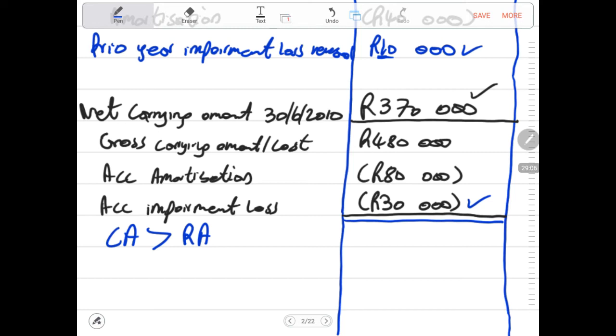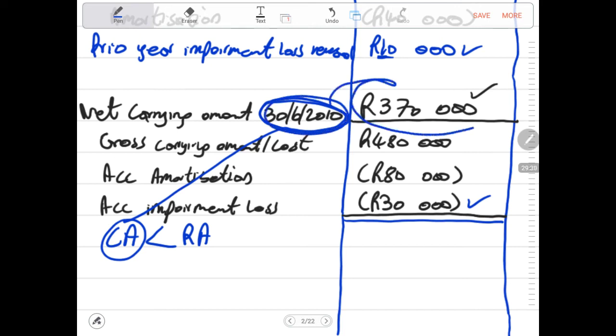That means it is very likely that at the end of June, it is not greater. That means at the end of June, the carrying amount of this intangible asset must have been less than the recoverable amount, where the recoverable amount was 370,000 rands.